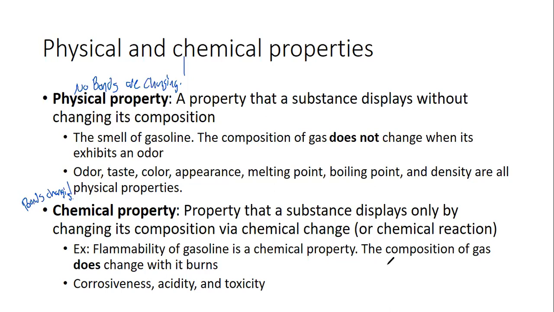An acid, when something is corrosive, bonds are being broken. Toxicity, when something is toxic to us, it's usually because our body breaks it down and then it gets stuck somewhere in an enzyme or something. So that's also an example of a chemical property.